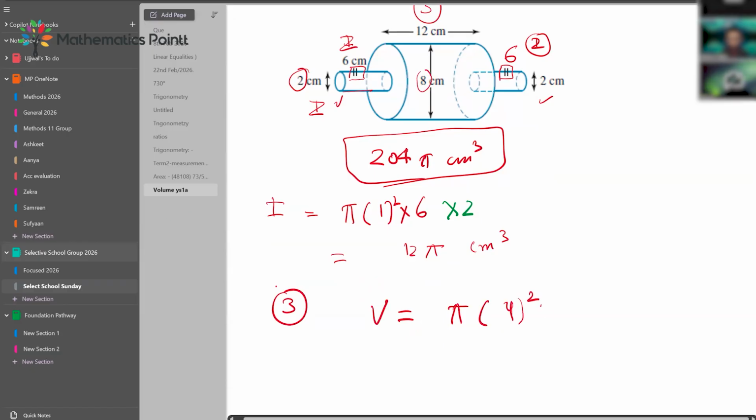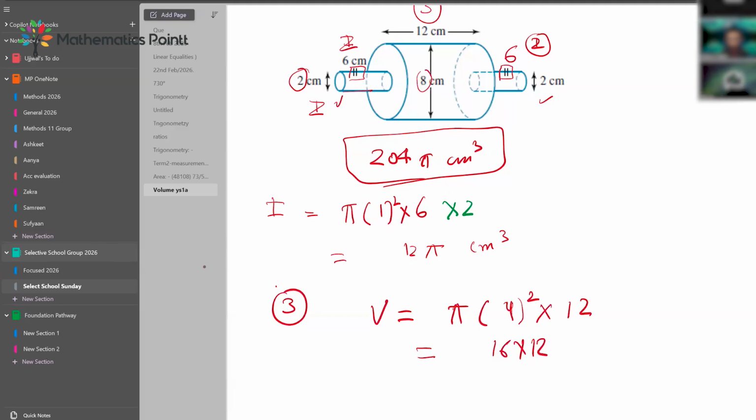So 4 square times the height, which is 12. Now 4 square is 16, times 12 pi. What is 16 times 12? 16 times 12 is 192 pi.